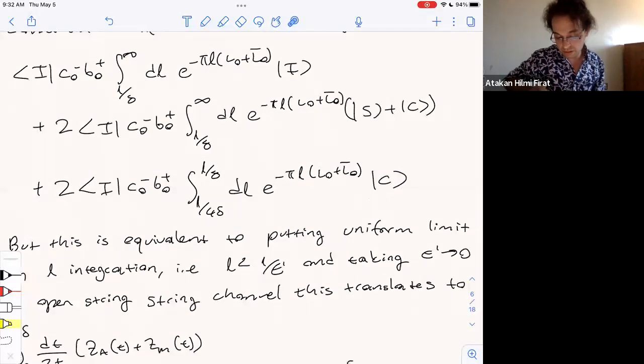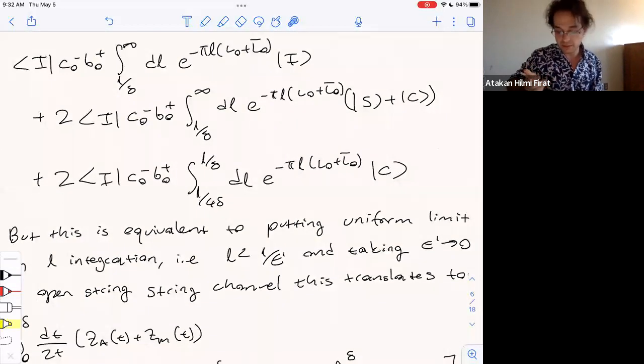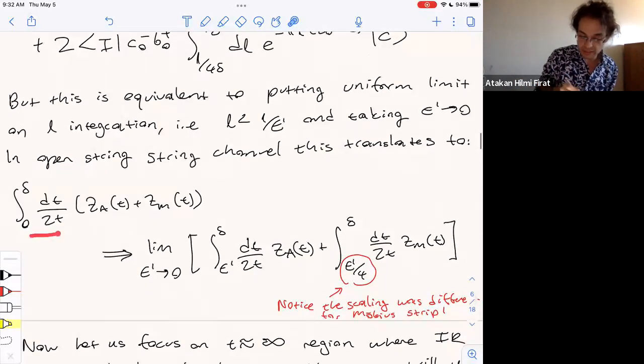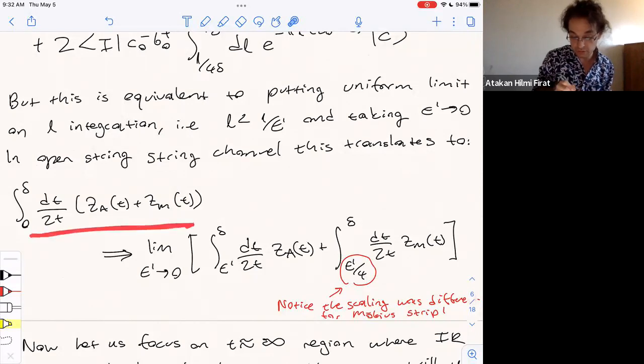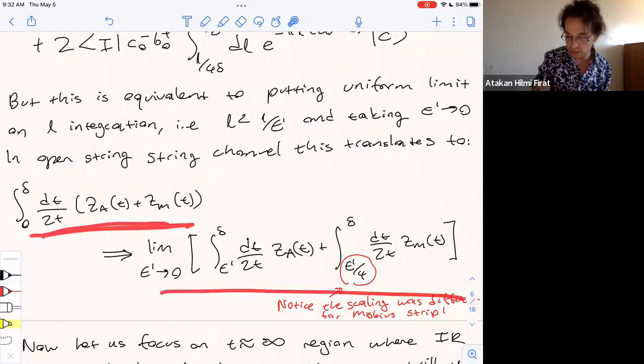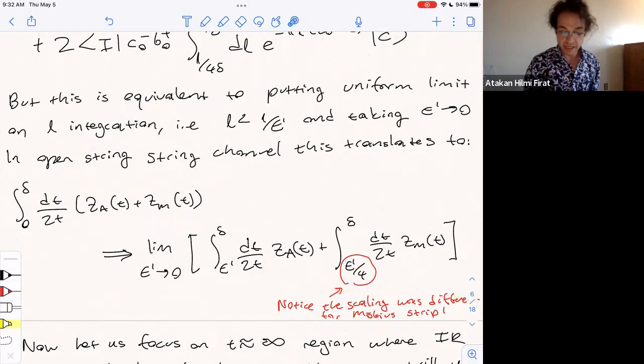And then when you turn this limit to the open string channel, it goes to something proportional to 1/t. What you have to do is separate this expression as follows. Again, if you naively separate ZA and ZM, both might be divergent as t goes to 0.